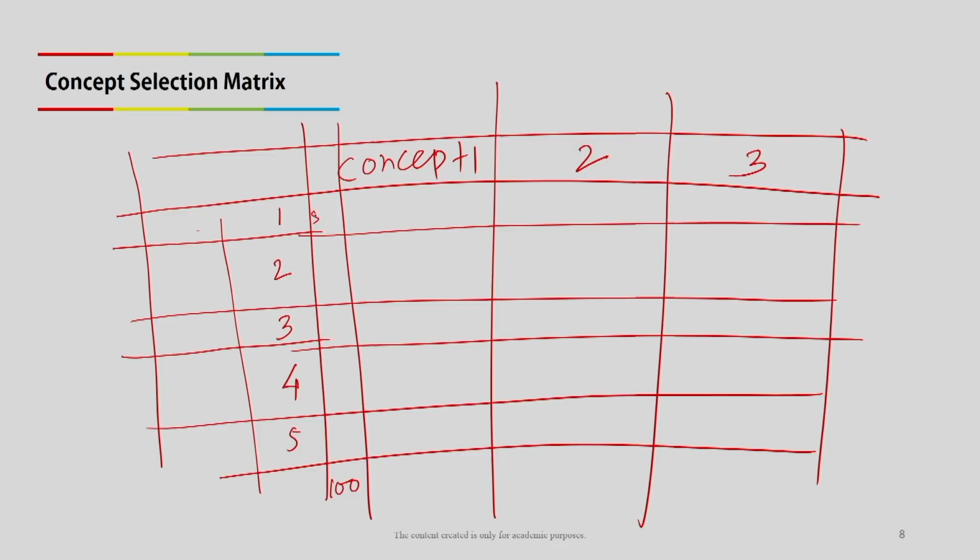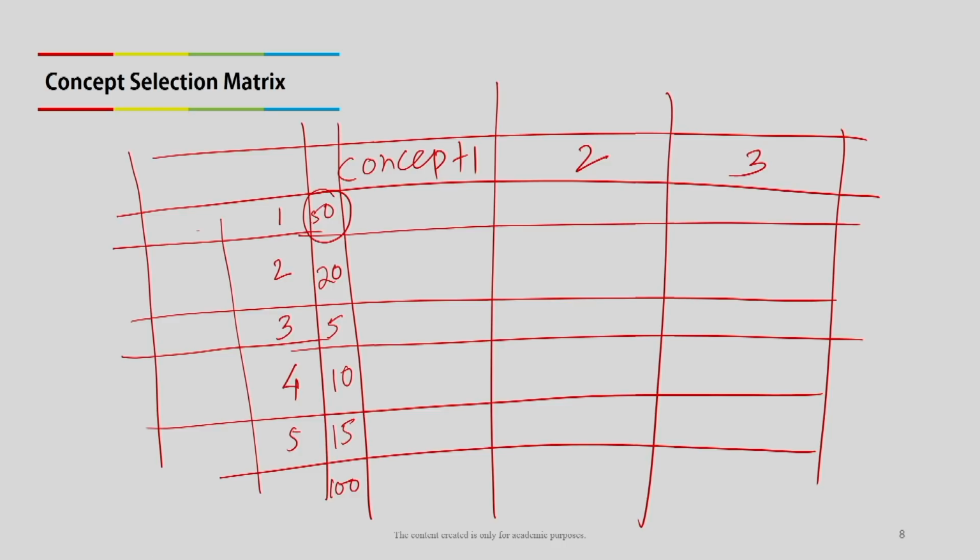So, it may be 50, 20, 5. I have just put it randomly just to show how to calculate. Based on the importance you are actually ranking, so these numbers are for ranks.